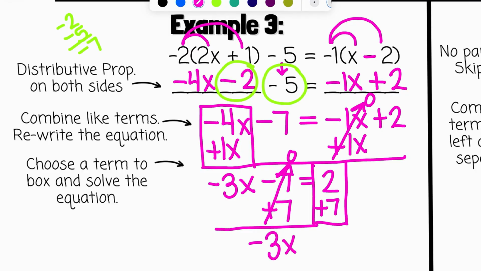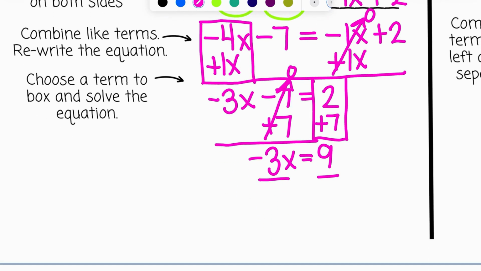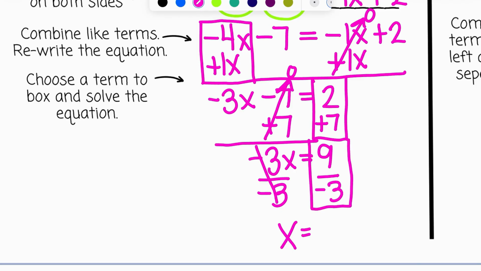So I have negative 3x equals 2 plus 7 equals 9. Last step is to divide. Again, the fraction bar means divide, and you have to divide by the coefficient of x exactly. So divide by negative 3 on this one. And then 9 divided by negative 3 gives you negative 3.